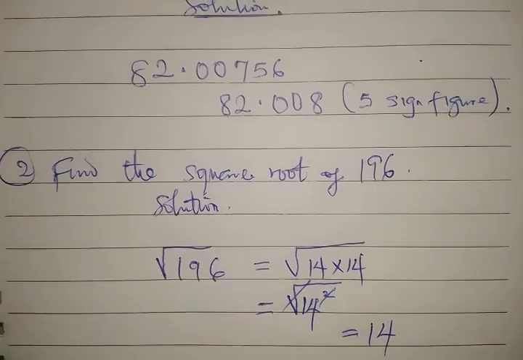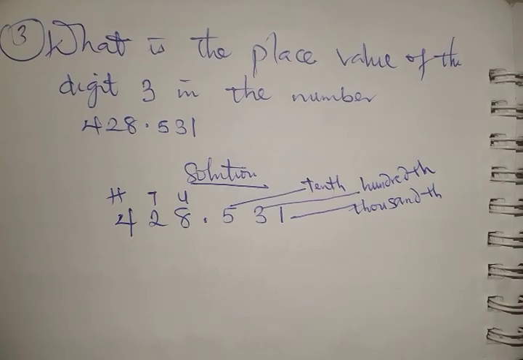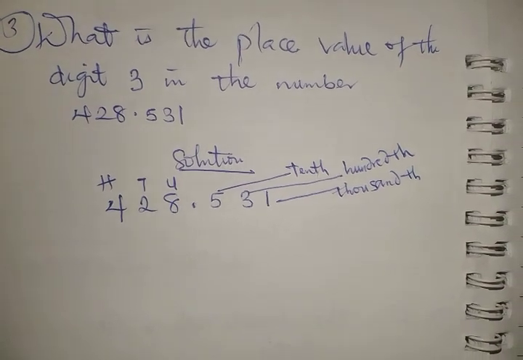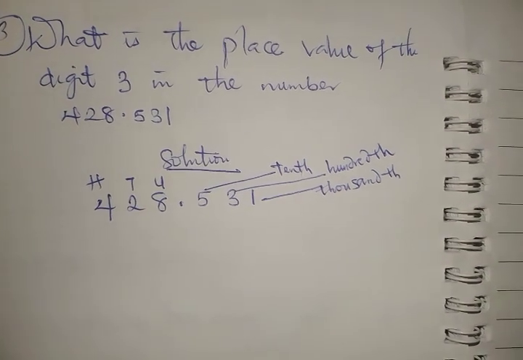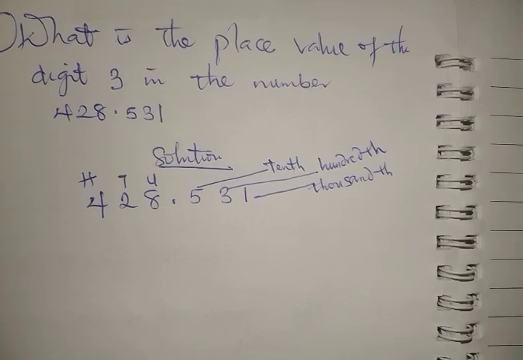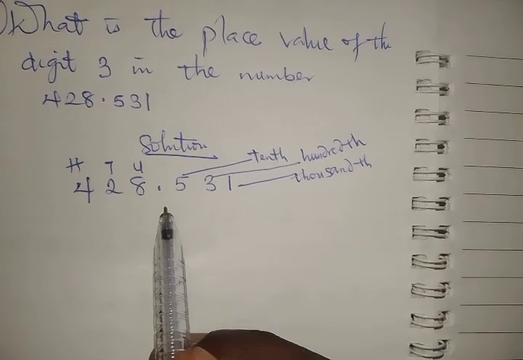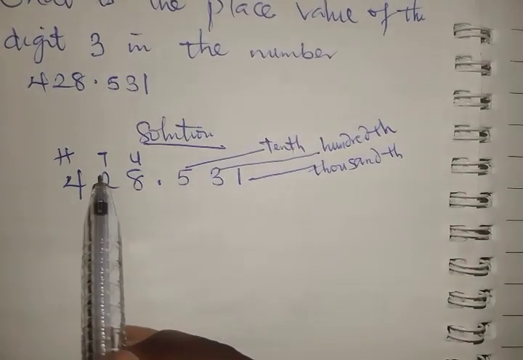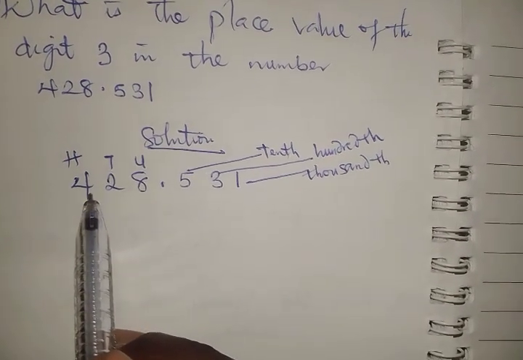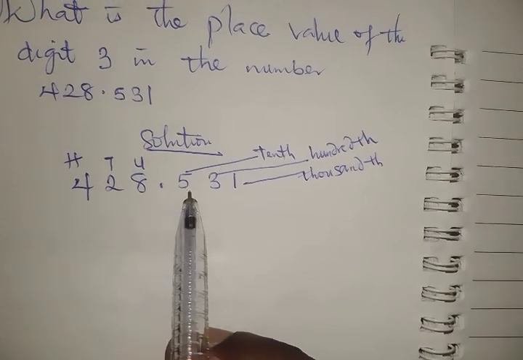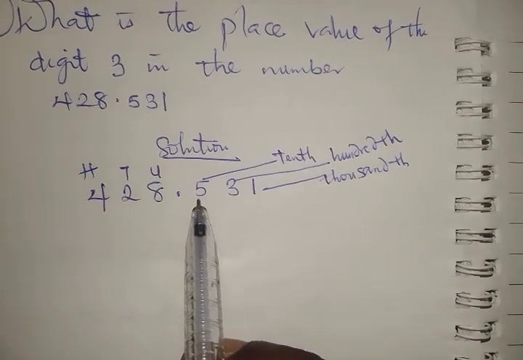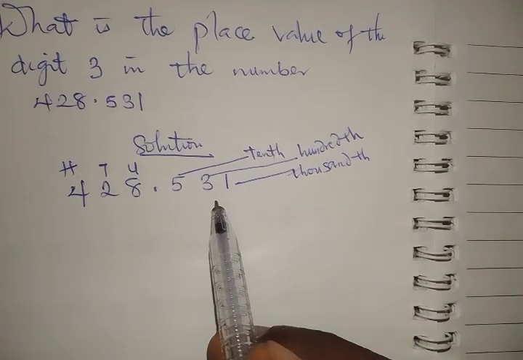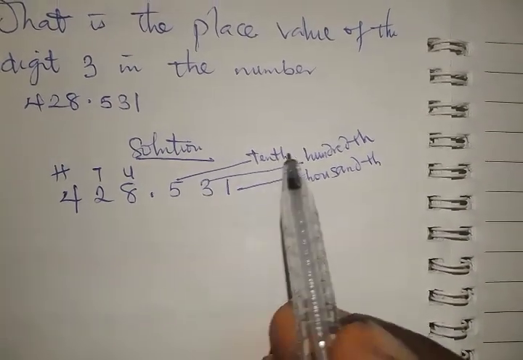Moving on to the third question. For the third question, we have what is the place value of the digit 3 in the number 428.531? And right here, we have the numbers written out. We have 8 to be units, we have 2 to be tens, and then we have 4 to be 100. The place value of a number directly after decimal point is tenth. The second number after decimal point is hundredth.